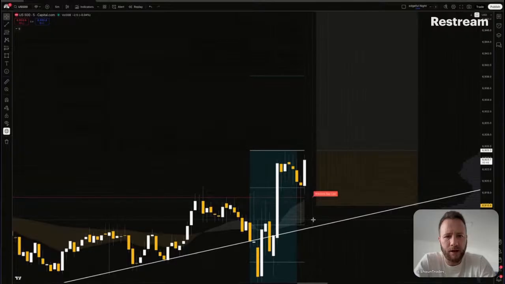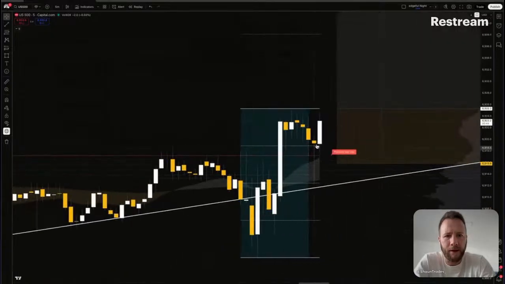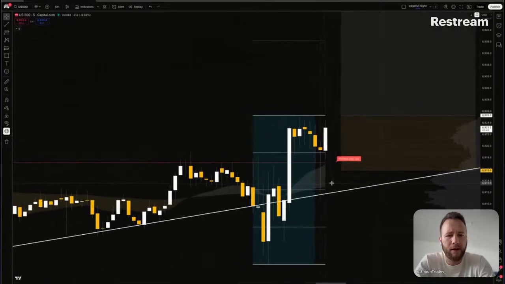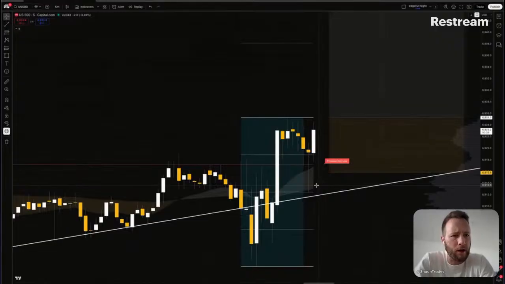I like this candle here that we've set. Nice big hammer candle on the 5 minute. We're going to be closing this candle in 30 seconds or so. If we get a close above here, that's really bullish. I would potentially take that straight away.